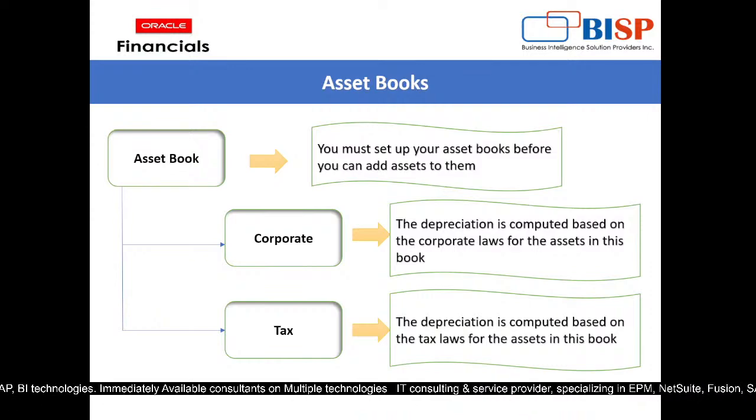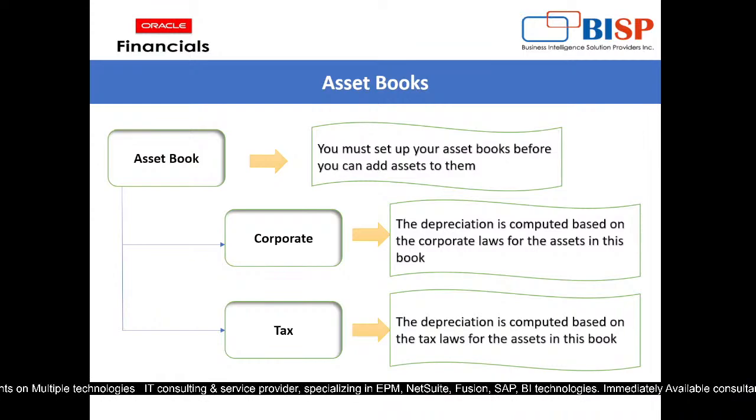So there can be two types of asset books: the corporate book and the tax book. The depreciation is computed based on the corporate laws for the assets which are placed in that asset book. Say if I have US Corp as an asset book, so based on the US corporate laws, we will be applying the depreciation on the assets belonging to that US Corp book.